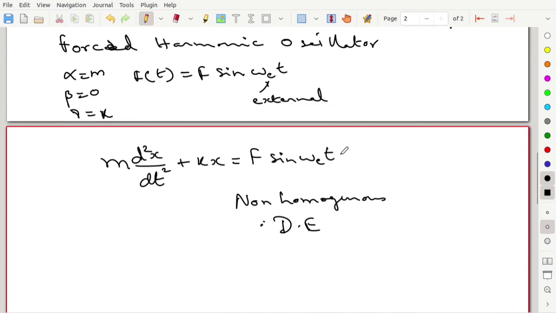Usually whenever we use a forcing term, it is to compensate the damping which is present in the system.